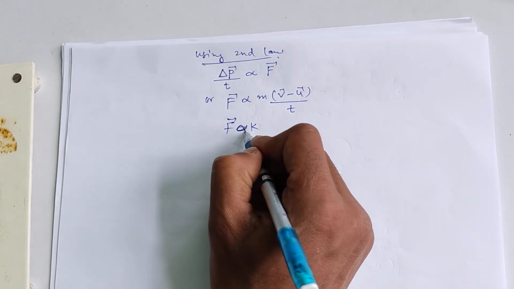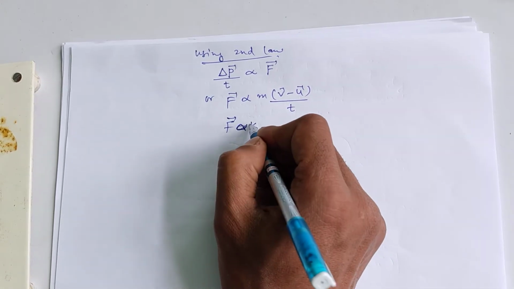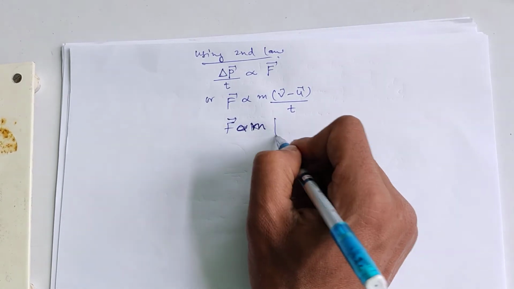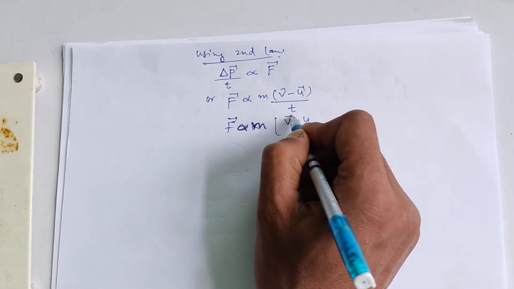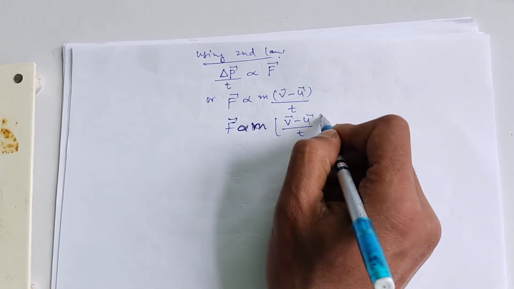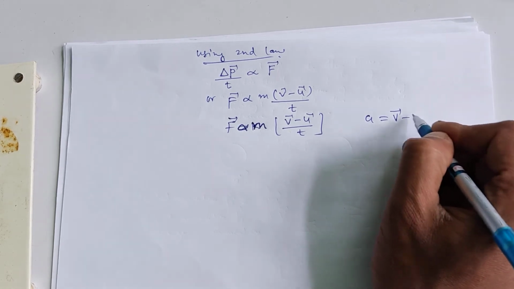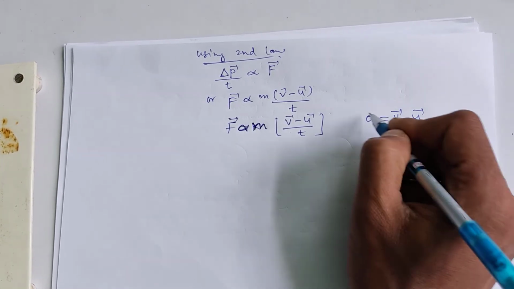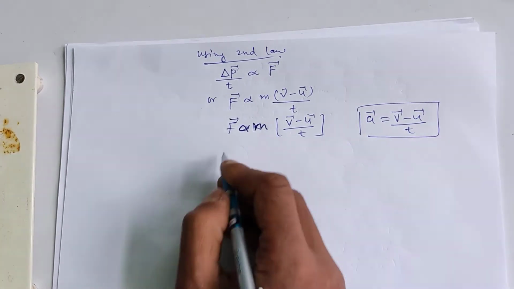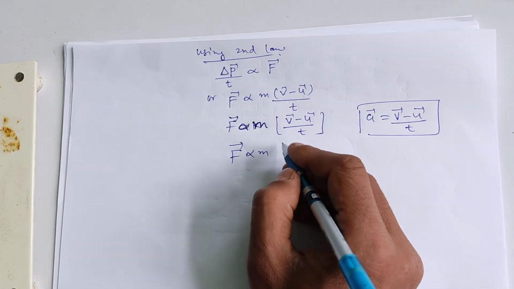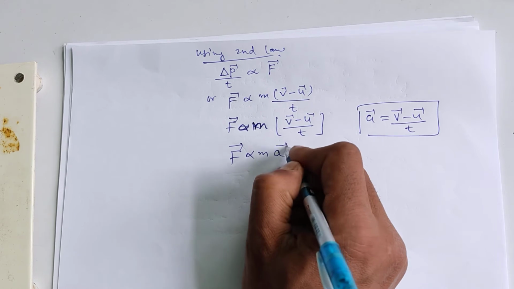Let us write F proportional to m and keep this term as (v minus u) by t. We know acceleration is equal to (v minus u) by t. So here we can substitute: F is proportional to m a vector.